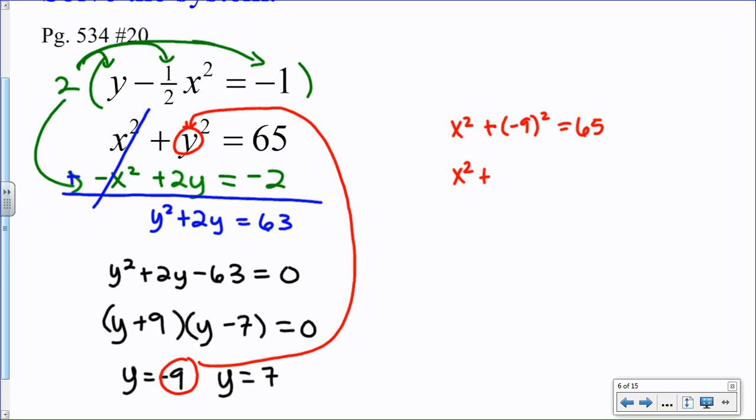So negative 9 squared is positive 81. 65 minus 81 is negative 16. Okay? What's the square root of negative 16? Yeah, well, plus or minus, but you cannot graph imaginary numbers. So that is not a solution. So negative 9 is not going to be part of my solution.